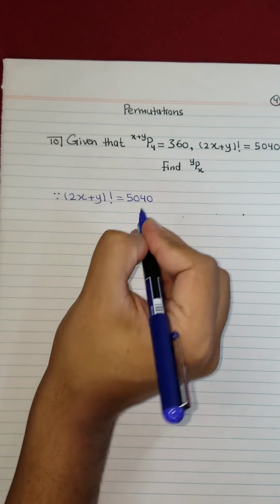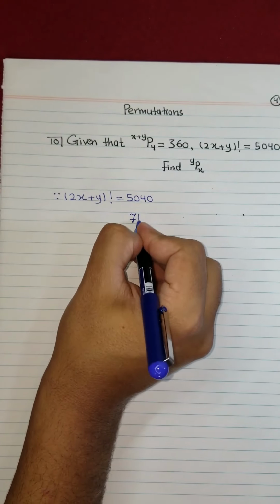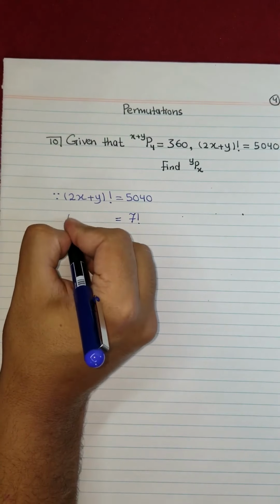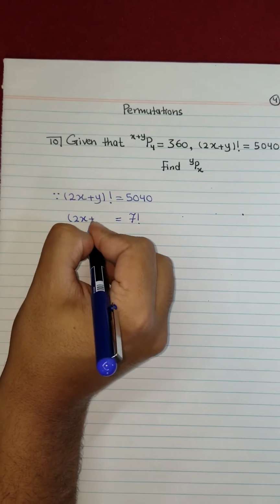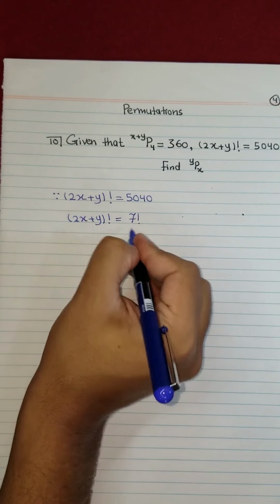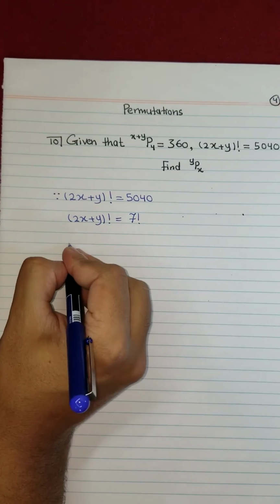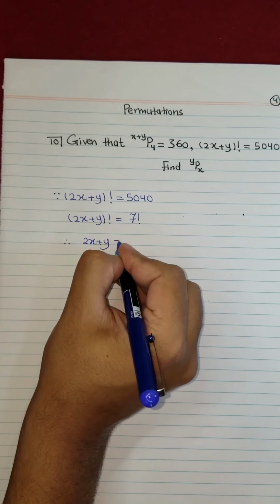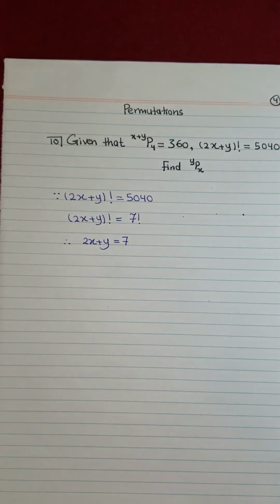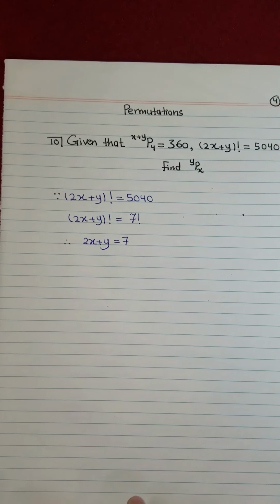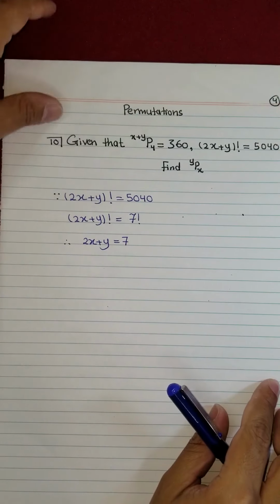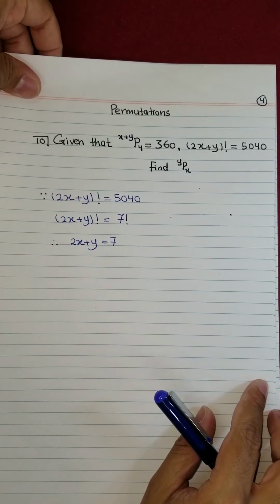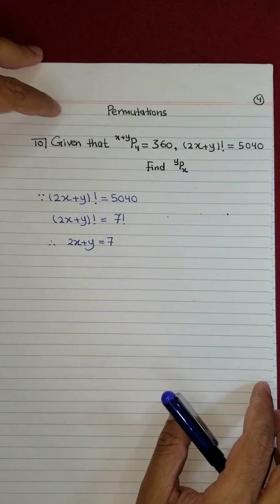We know that 5040 is actually 7 factorial. So that means that 2x plus y factorial equals 7 factorial. So therefore, 2x plus y equals 7. Now you have to stop here because you can't continue anymore. You have two unknowns, which are x and y.